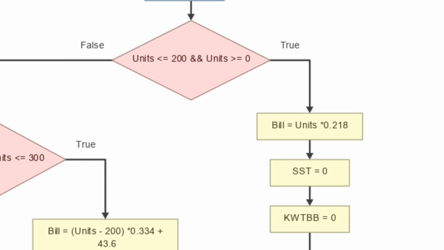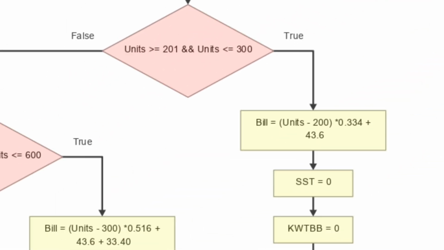If you use more than 200 units, the next units will be carried over to the next level, which concludes the units less than or equal to 200 and more than 0. If the statement is true, then the units will be multiplied by 0.218, which is RM 0.218 per unit. Since SST and KWTBB are only applied when a certain rule is met, both of them would be 0.